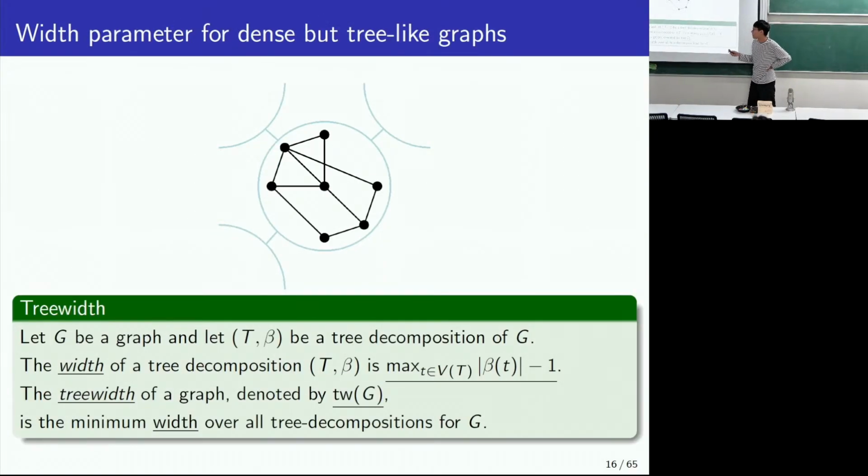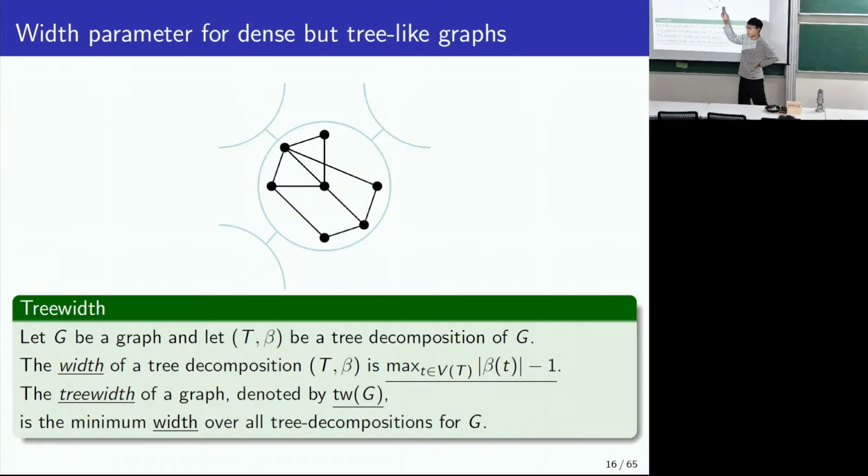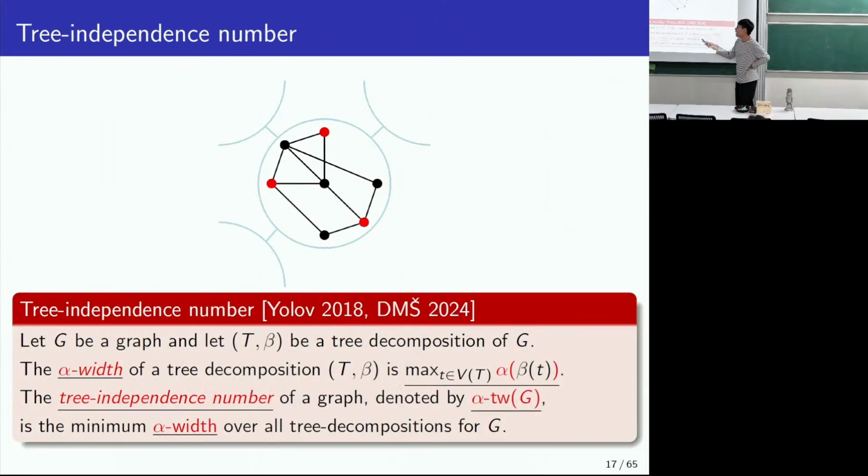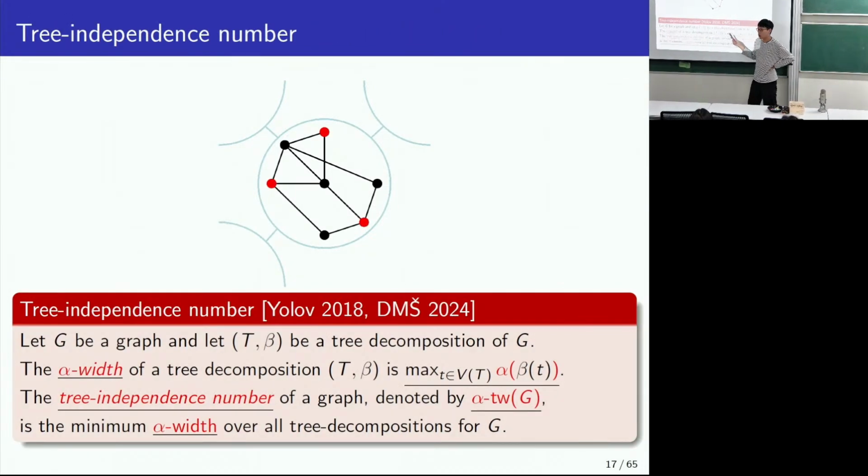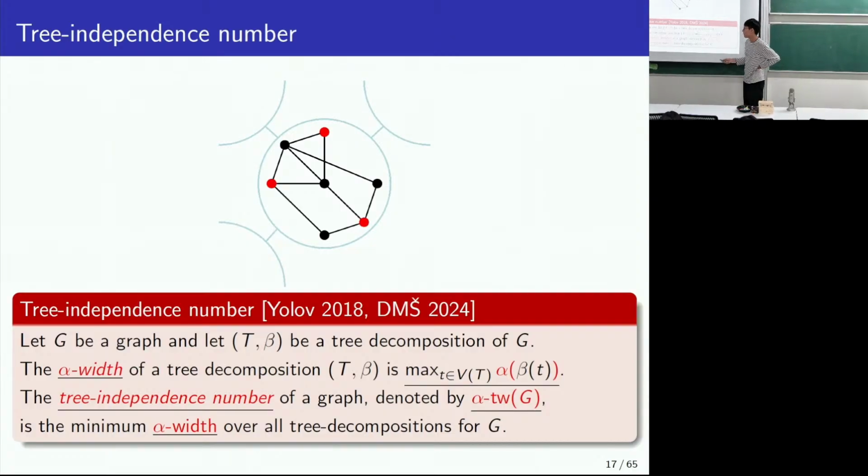When we looked at the definition of treewidth, we cared about the number of vertices in each bag. In tree independence number, we look at the independence number of each bag instead of its size. This was defined independently by Yolov and later by Dallard, Milanič, and Štorgel.